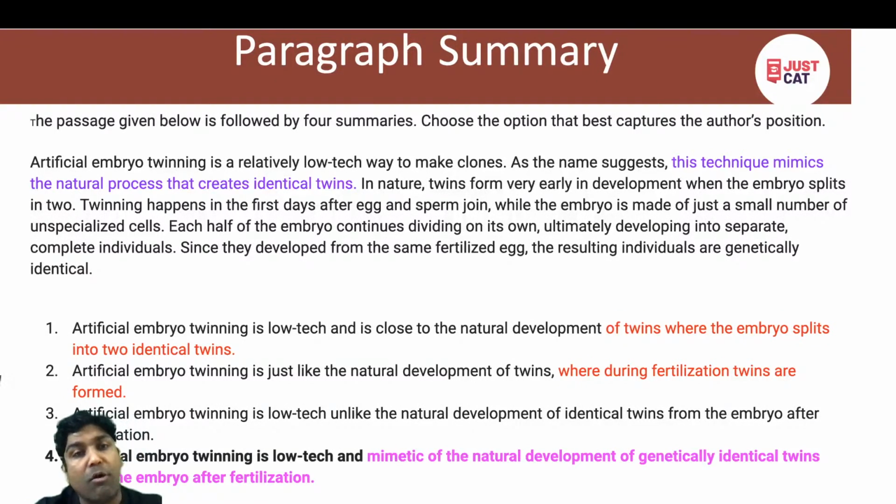And this was all we were looking for. We were not looking for any explanations or anything else. We're just looking for a simple line which captures whatever has been said in the paragraph. All right.